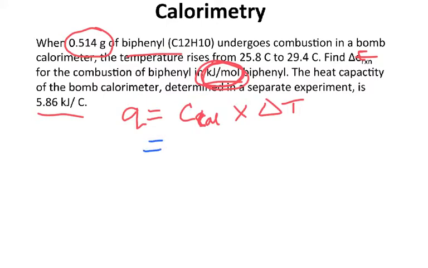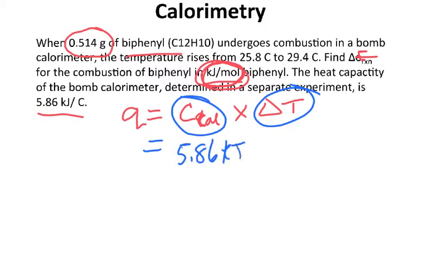Alright, so let's solve this. We have the heat capacity of the calorimeter, and we have delta T. Let's plug this in. We have 5.86 kilojoules per degree Celsius for our heat capacity of the calorimeter. We multiply this by delta T, which is T final minus T initial.